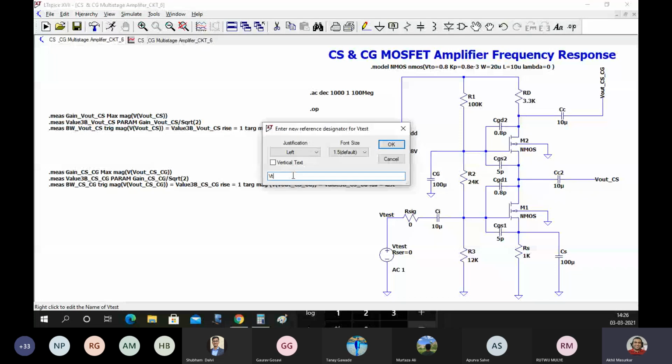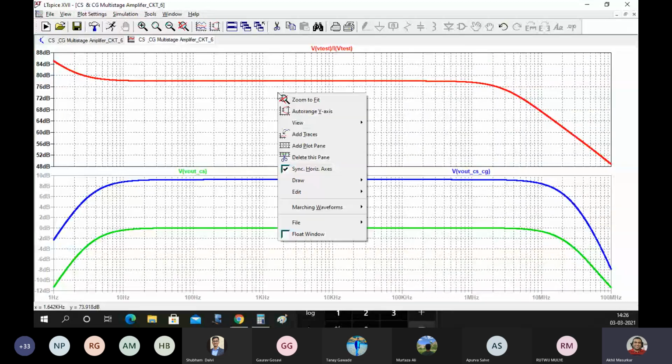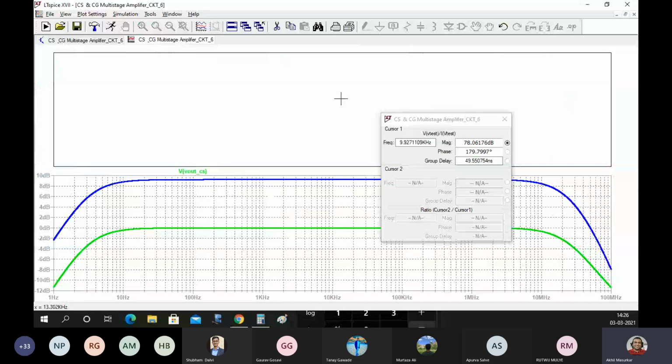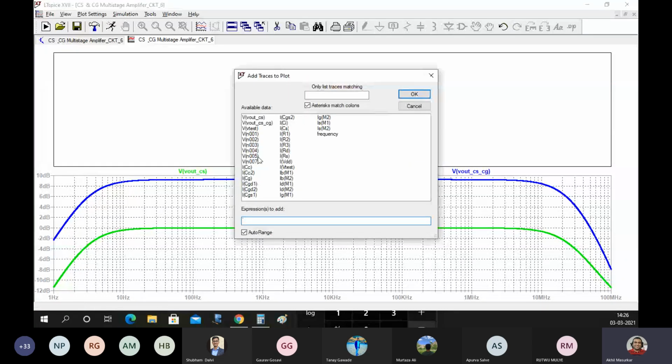So even if you call this Vs, no problem. Even if you just remove this, no problem. But the current flowing through Vs is actually going to be this. So this we can still remove, and in this plot you can still add a trace.